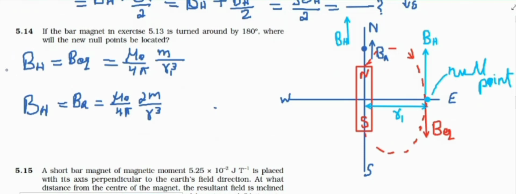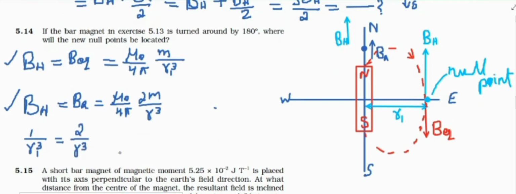In question number 13, BH is equal to B axial. In question number 14, BH is equal to B equatorial. So we can equate these two. When you equate, you will get 1 by R1 cube is equal to 2 by R cube.